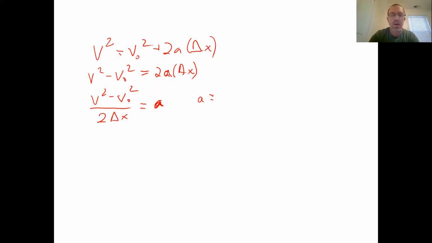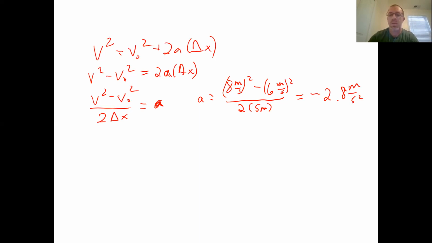All right, so the initial velocity is 8 meters per second. Final velocity is 6. And then divided by 2 times the displacement, which is 5. If we punch all that in the calculator, and I encourage you to do this, we should get the result, negative 2.8 meters per second squared.